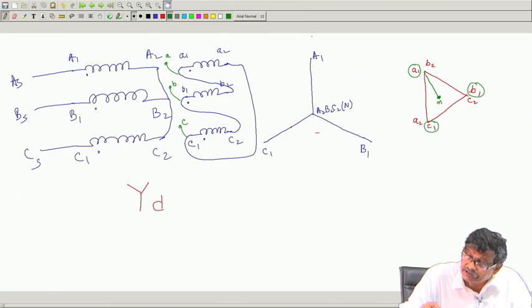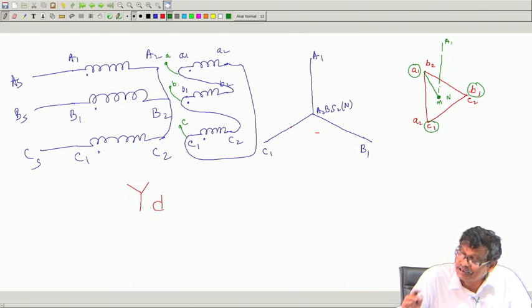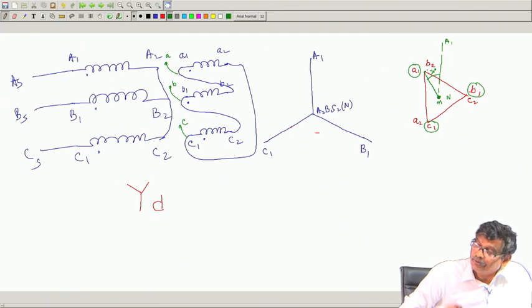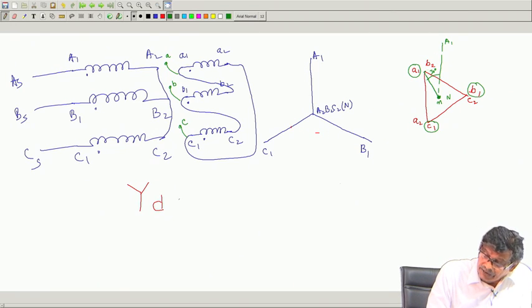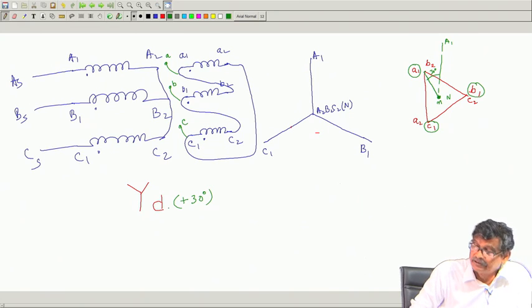Primary voltage with respect to primary A1 and n, it is here, that voltage, this you bring it. So, this angle is 30 degree. So, is the secondary voltage leading or lagging the primary voltage? Leading. So, I will write here plus 30 degree. Got the point?